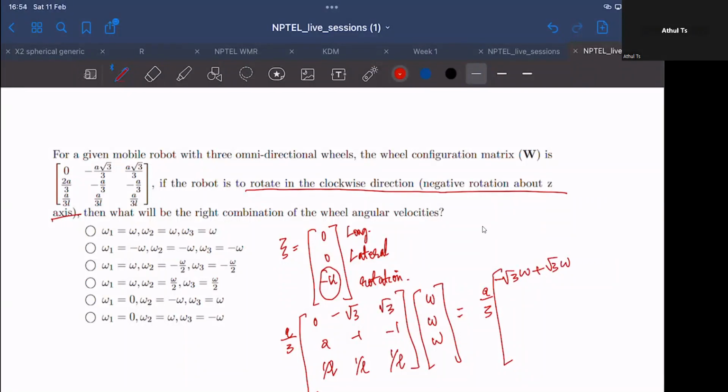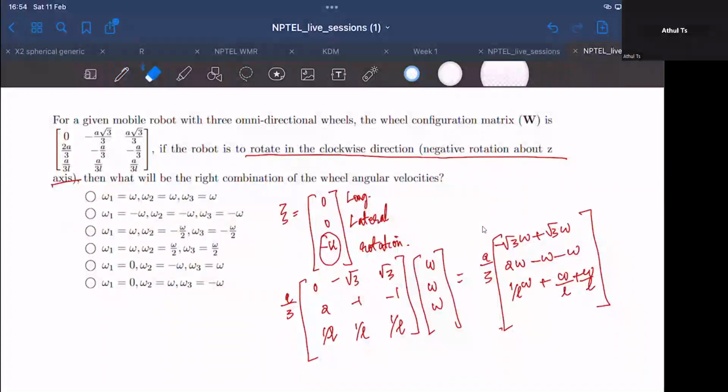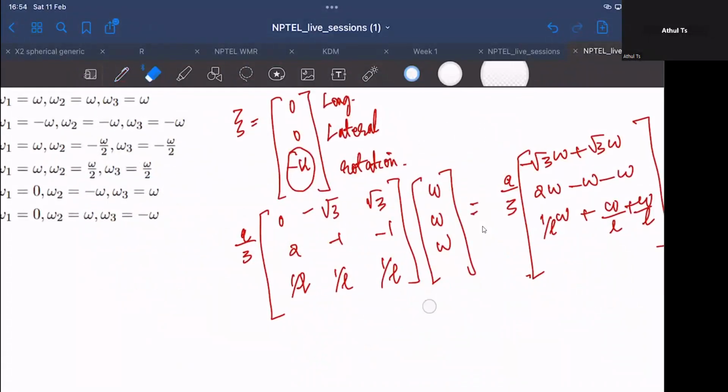And the second row would be 2 omega minus omega minus omega. That will also be 0. And the third entry would be 1 by L omega plus omega by L plus omega by L. So this would look like some A by 3 times 0, 0, 3 omega by L. But as per our question, we need a negative rotation about the z-axis, so we would also expect a negative sign here.